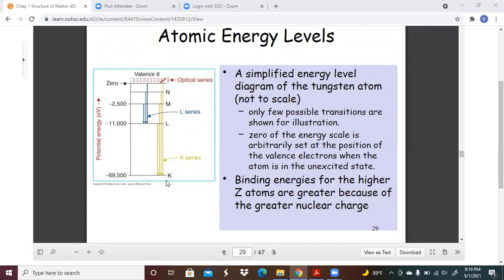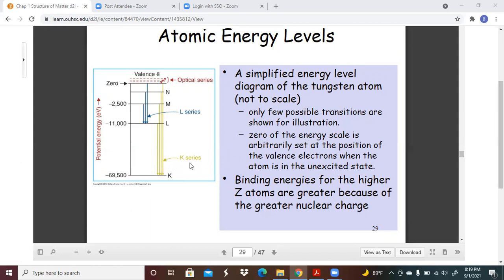You have a K series here, very close, that's the lowest level. And you have L, and you have M, and N, and so on and so forth. This is a tungsten atom. You've got a few possible transitions shown here, not all of them, but a few.